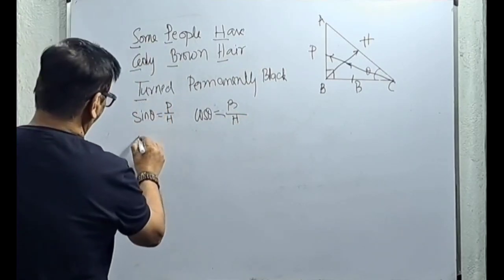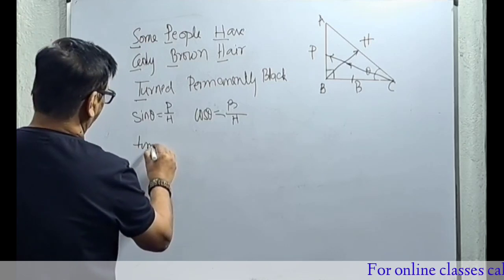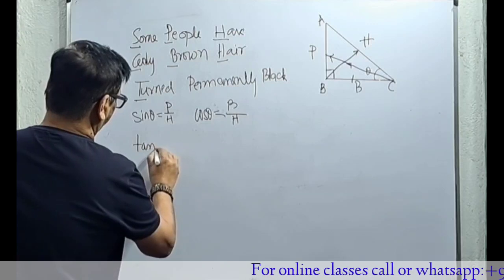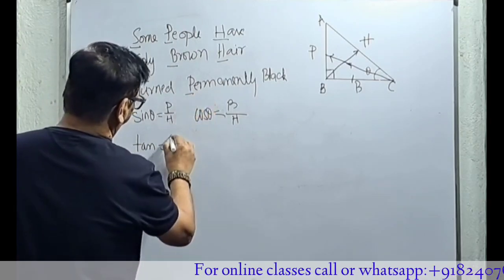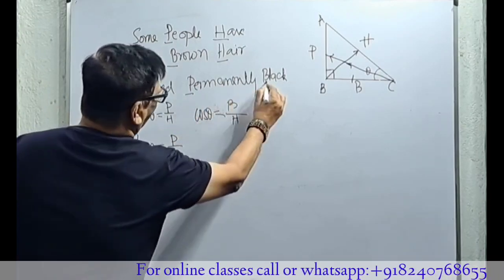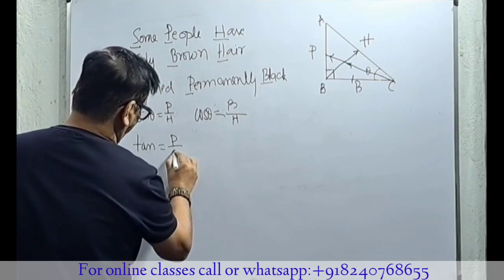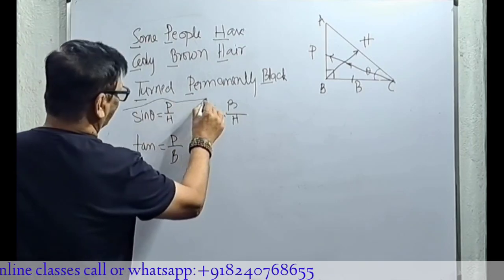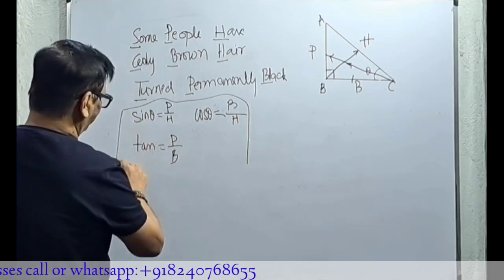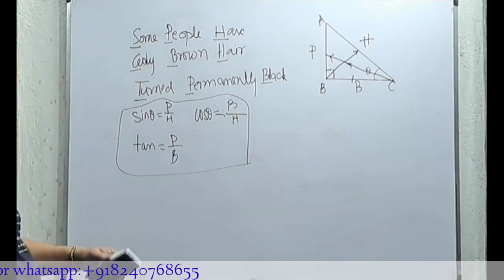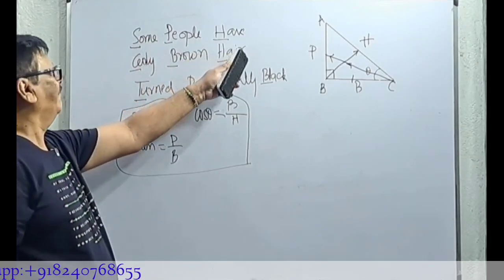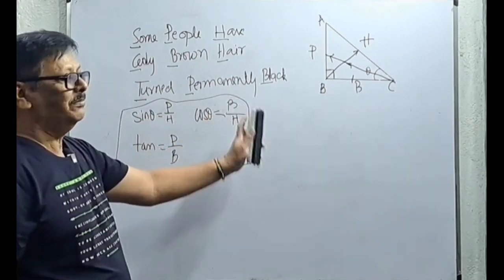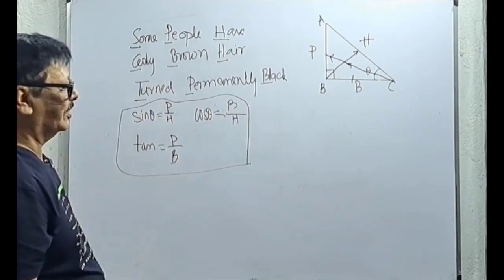T is for tan, P is for perpendicular, and B is for black. So that's a cute way to remember things, right? Some people have curly brown hair turned permanently black. That's how you remember. Okay.